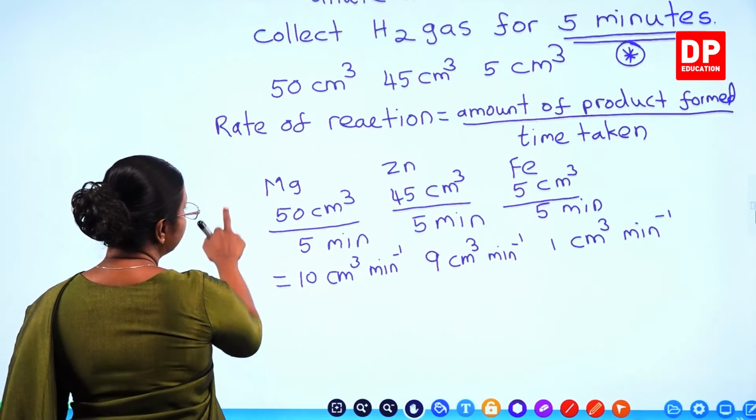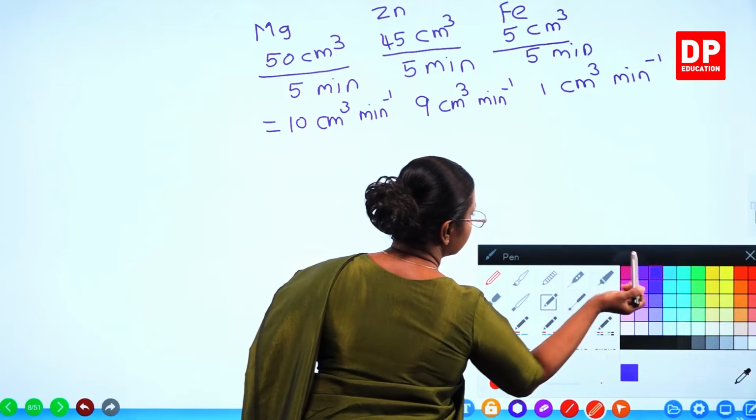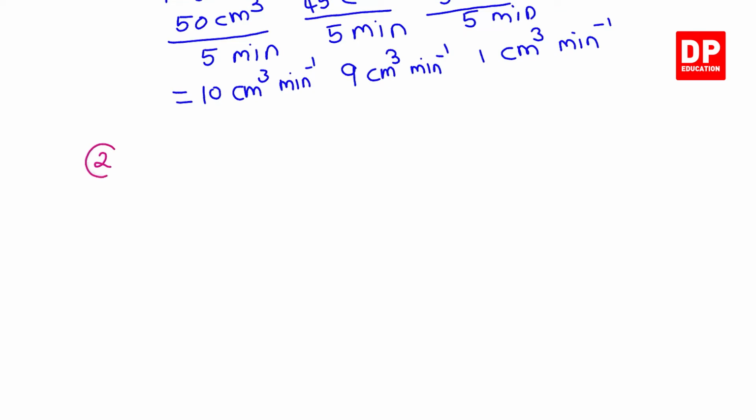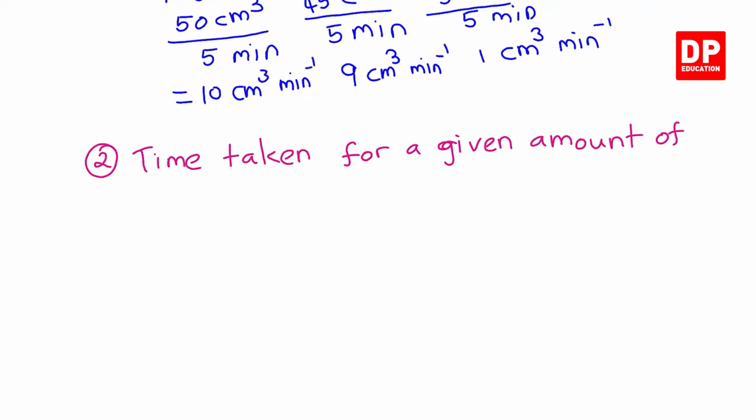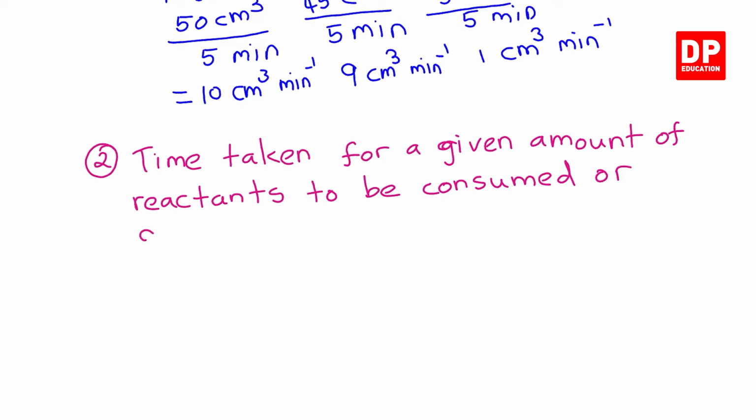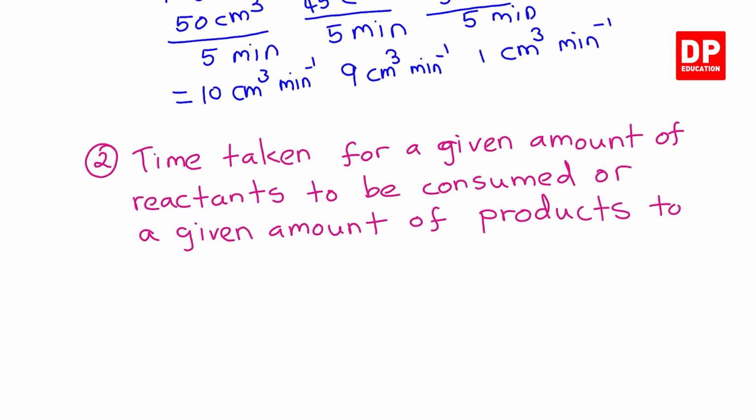Then we have the second method. We can say second method, time taken for a given amount of reactants to be consumed or a given amount of products to be formed.